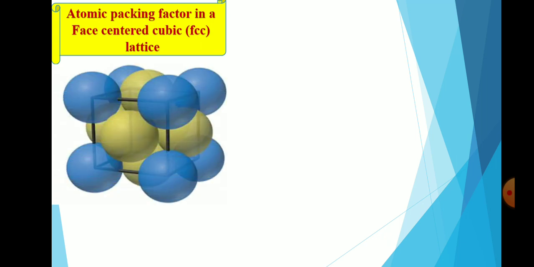It is a structure of FCC lattice. You see, on a cube, 8 corners are present, each corner occupied by 8 corner atoms.